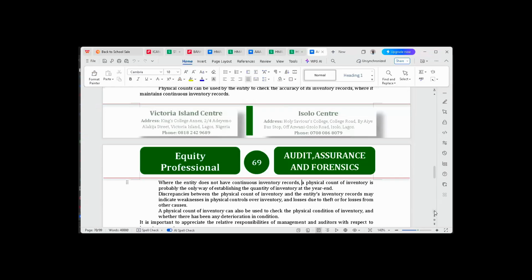Another reason why you carry out inventory count is also to account for the status of those items, because in some manufacturing organizations, I've worked in an organization before, we do stock count every month end, but as we are doing the stock count, because it's a manufacturing organization, we are intentional about it.